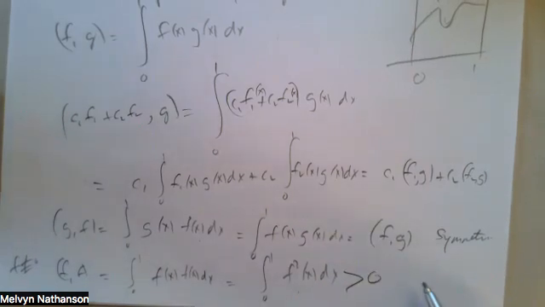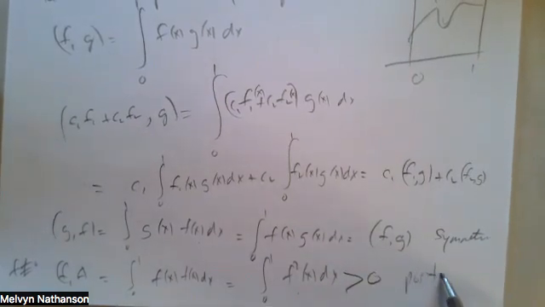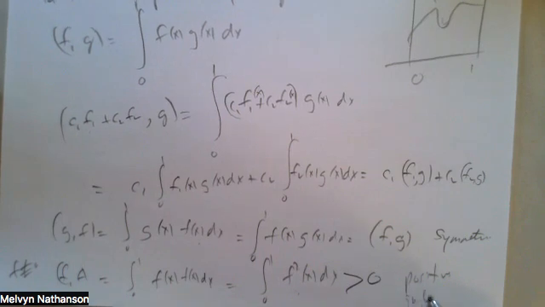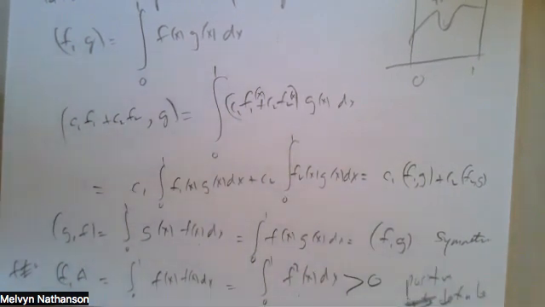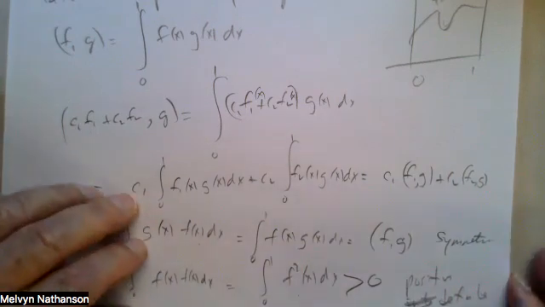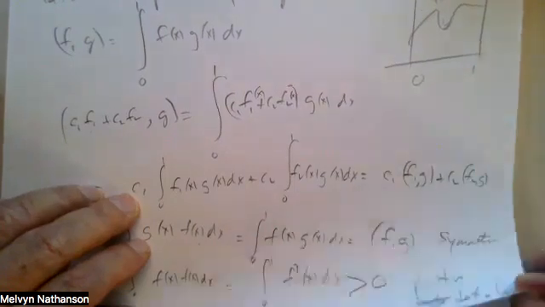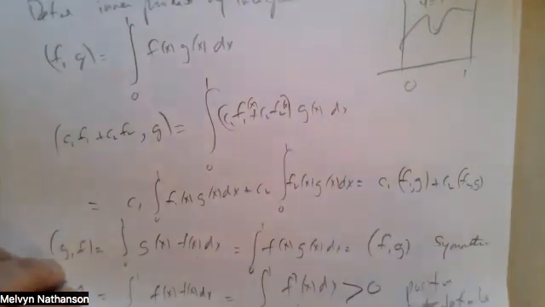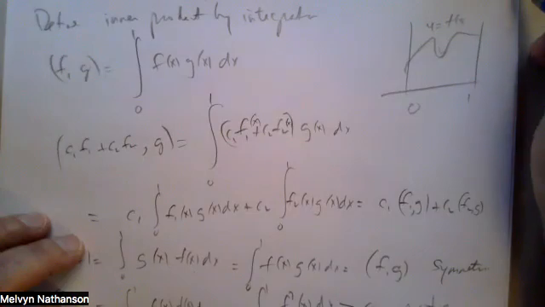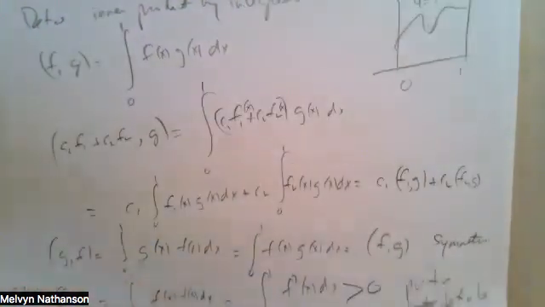So this is positive. So this is positive definite. So this is a new example, but a really interesting example of an inner product on a natural vector space.